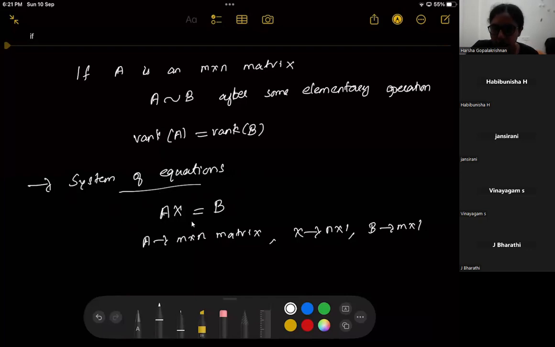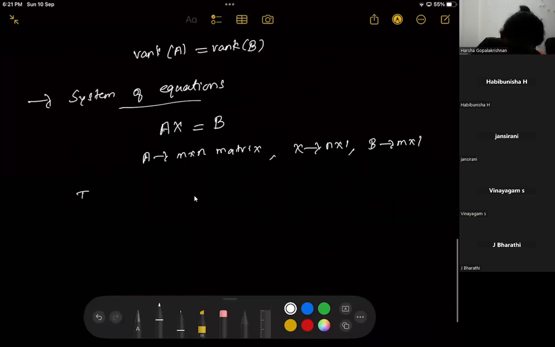If such a matrix form Ax equal to B is there, and if it has a solution, then we call it a consistent system.